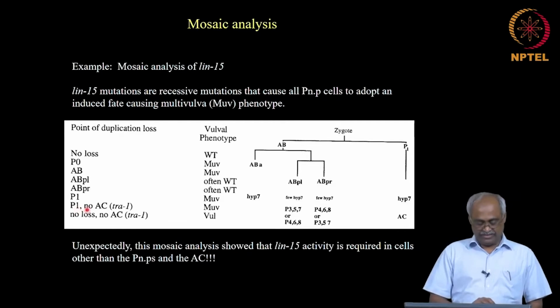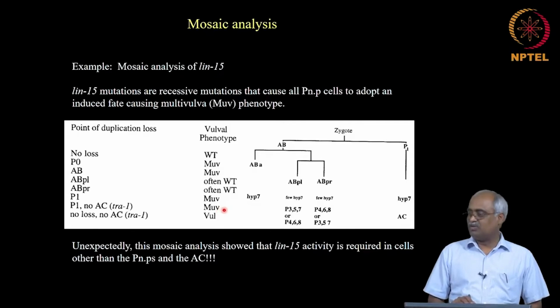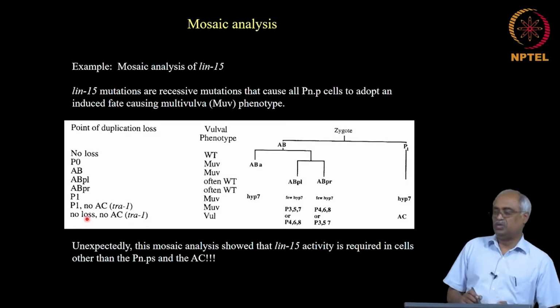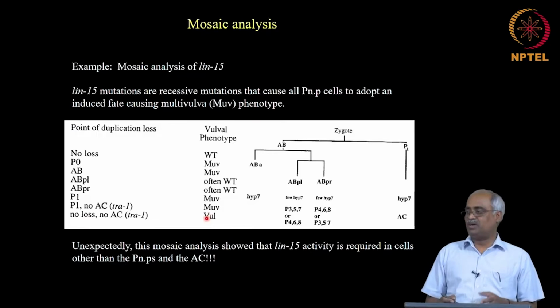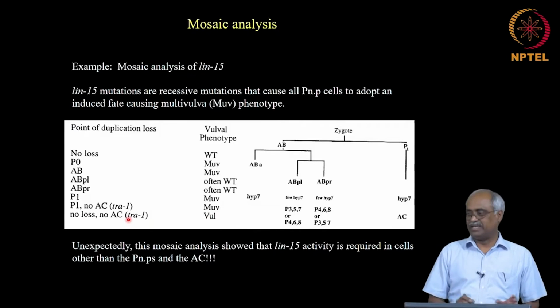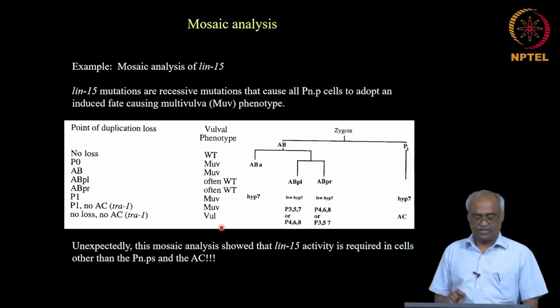Now you go to another situation where P1 is lost and you do not have anchor cell and you still have multivulva forming. And then you go to another situation where there is no loss and no anchor cell, and there of course you are not going to have vulva at all, because the anchor cell is the one that is inducing. So, you have these phenotypes.